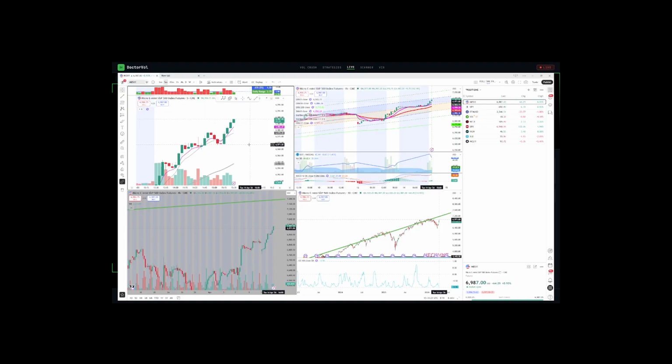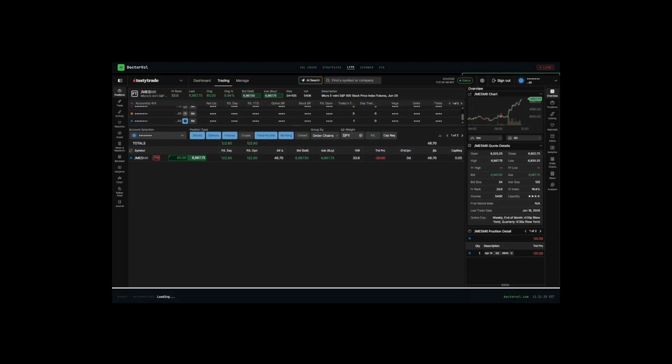With that in mind, I've already entered a trade, and let me go ahead and show you the trade that we're currently in. This is a MES position that I entered 0 DTE, of course, expiring today. The strike price is 69.45.